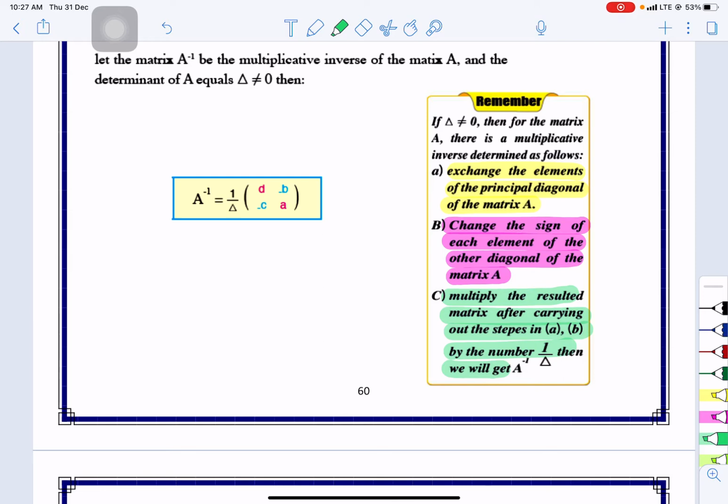So the multiplicative inverse of A equals 1 over the determinant multiplied by this matrix.